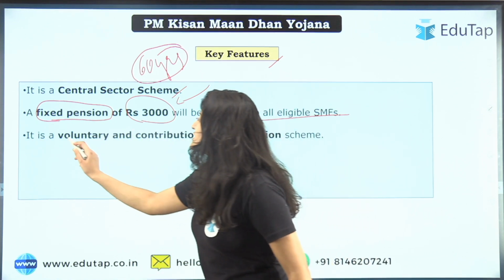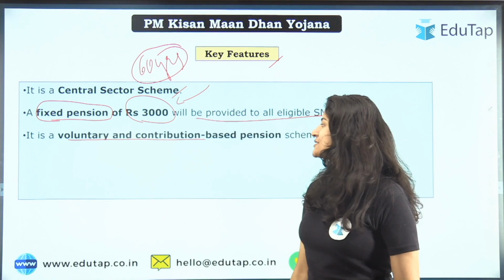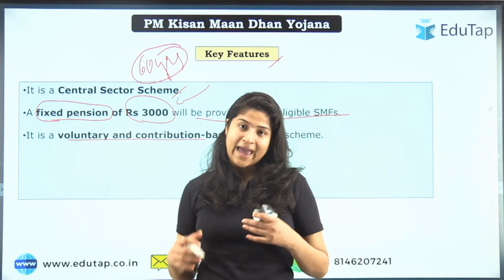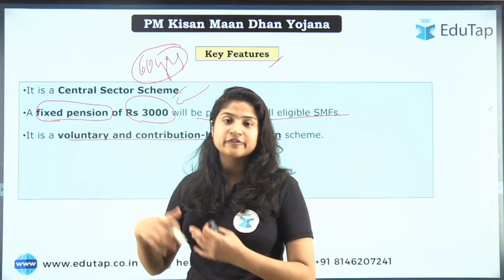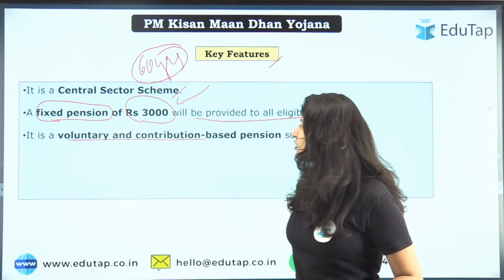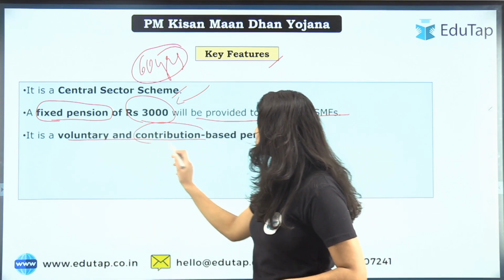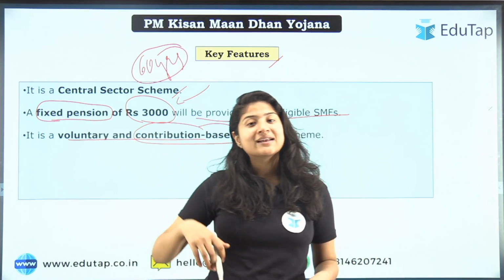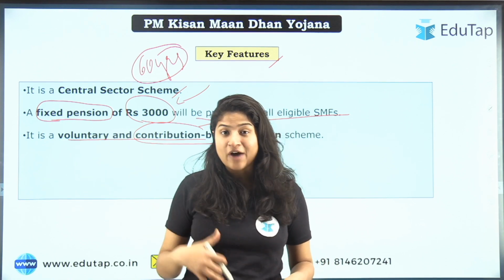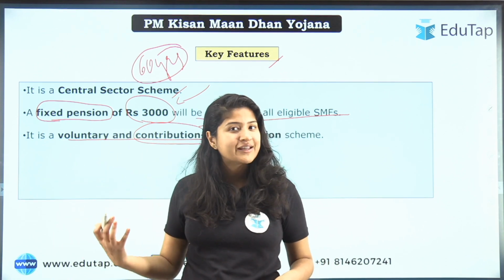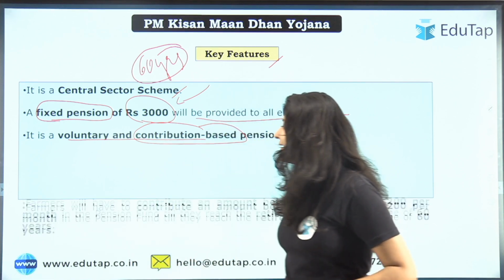Next, it is a voluntary and contribution based pension. It means you can volunteer to be a part of it. It's all your choice, and contribution based means it's not that the government will pay everything. First you have to contribute something, and we will look at what they have to contribute in the next point.